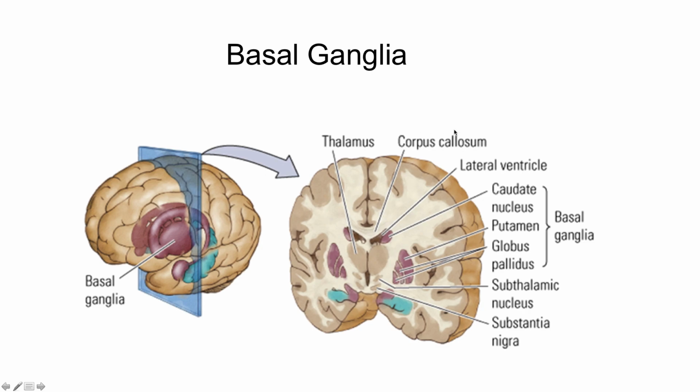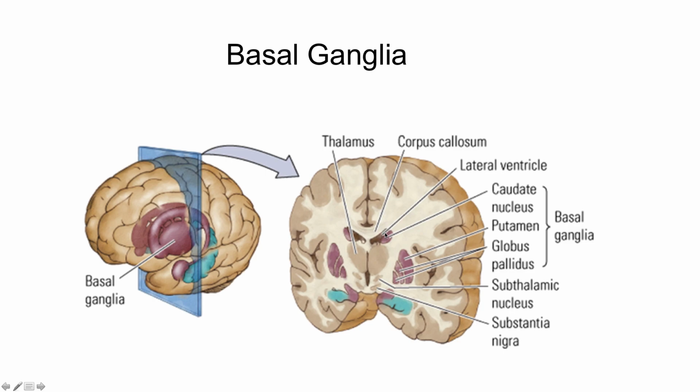Okay, so I know there's a lot of things in here. We talked about a bunch of things briefly before, but let's go over them right now. The thalamus, we're going to go over at the end of this chapter, which is this round circular shape right here. The corpus callosum is a commissure right here, which connects the two hemispheres.